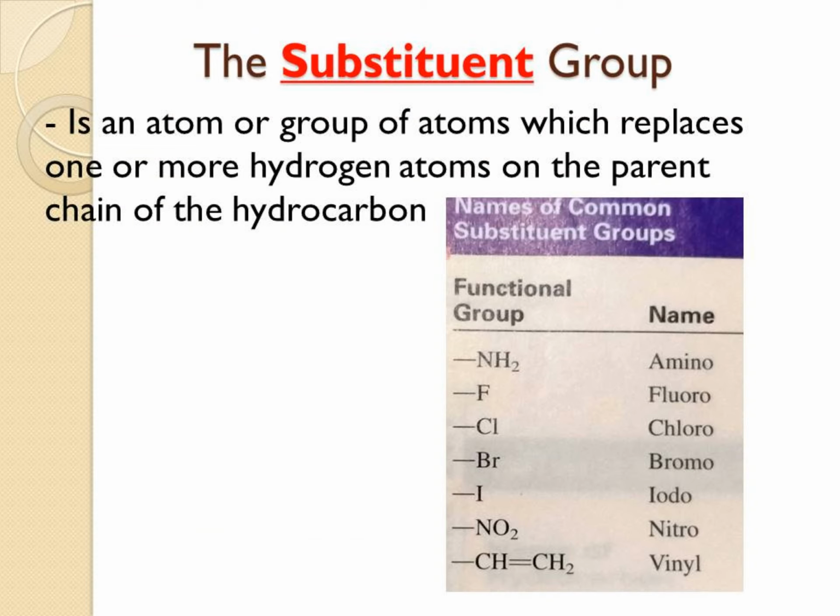This is an atom or group of atoms which replaces 1 or more hydrogen atoms on the parent chain of the hydrocarbon, so they are called functional group or substituent group. And here is the list of the substituent groups. We have NH2, that is amino; F for fluoro; Cl, chloro; Br, bromo; I, iodo; NO2, nitro; and CH=CH2, that is vinyl.